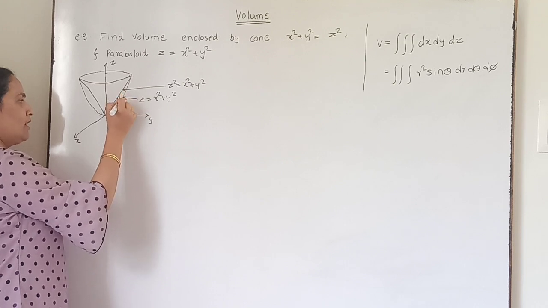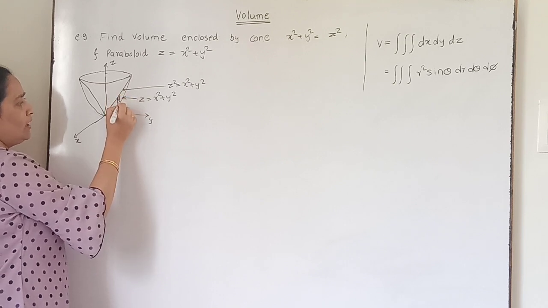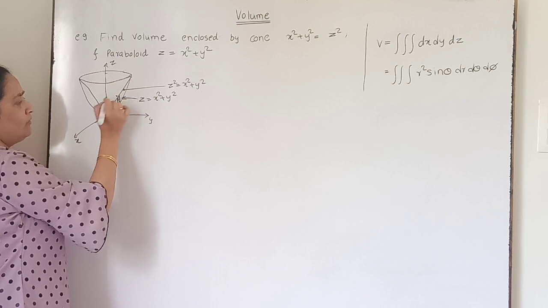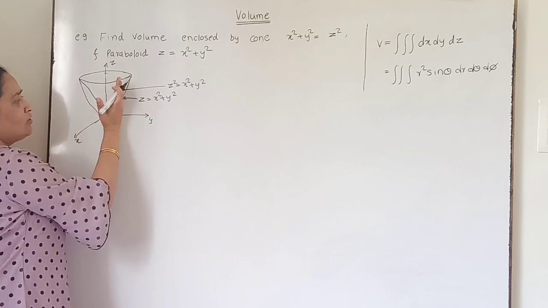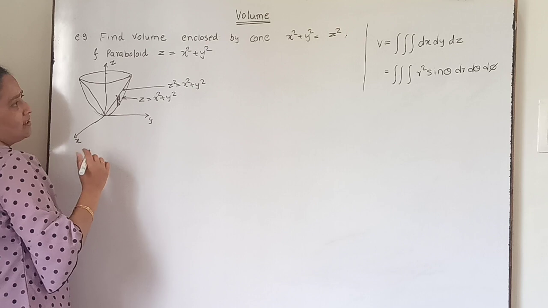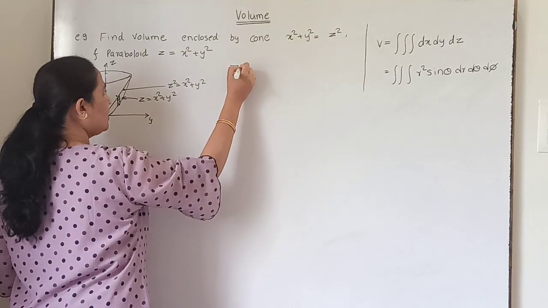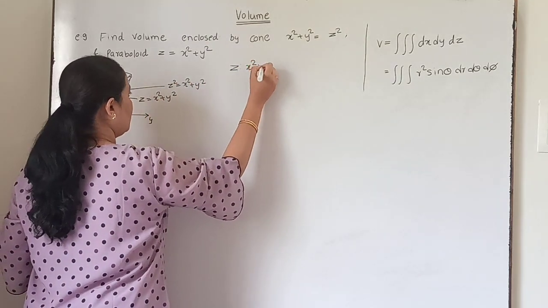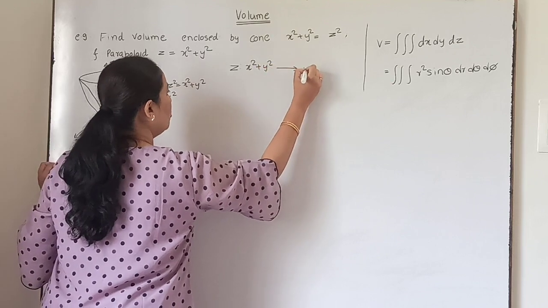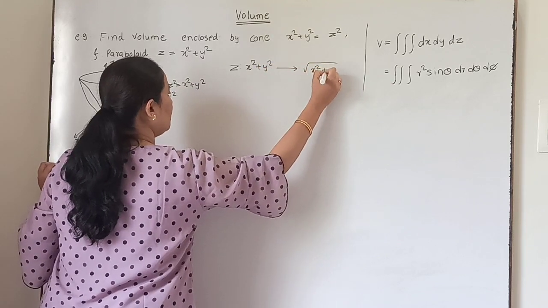Now in this, if I consider the vertical strip, its lower end will give us the lower limit, upper end will give us the upper limit. Since this vertical strip is parallel to the z axis, these are limits for z. That z will vary from x square plus y square to under root of x square plus y square.